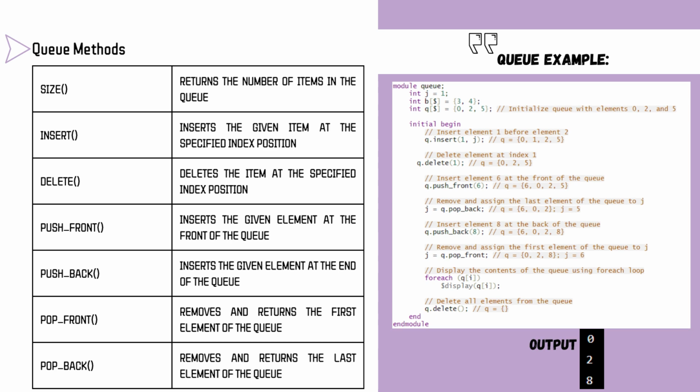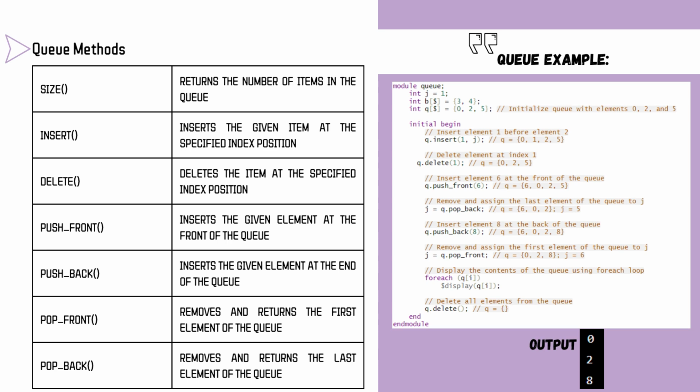Moving on to the initial block, the code performs several operations on the queue using built-in methods of the queue data type. First, it inserts the value 1 before the element at index 2 using the insert method. This changes the queue from 0, 2, 5 to 0, 1, 2, 5.